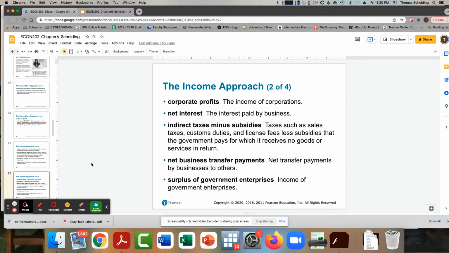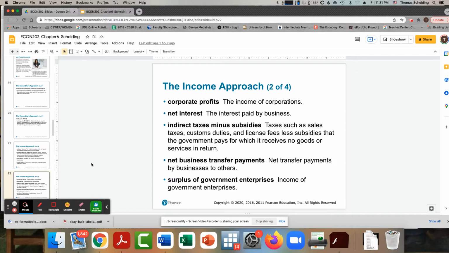Then we've got what's considered the indirect taxes minus the subsidies. These would be things like sales taxes, other kinds of license fees. Now, the reason why it's called indirect is because there's no good or service that's actually exchanged for it. So it's not directly tied to receiving a good or service by paying that tax.